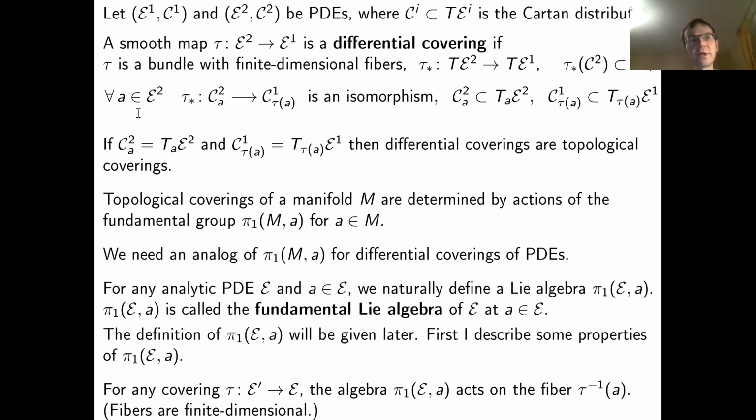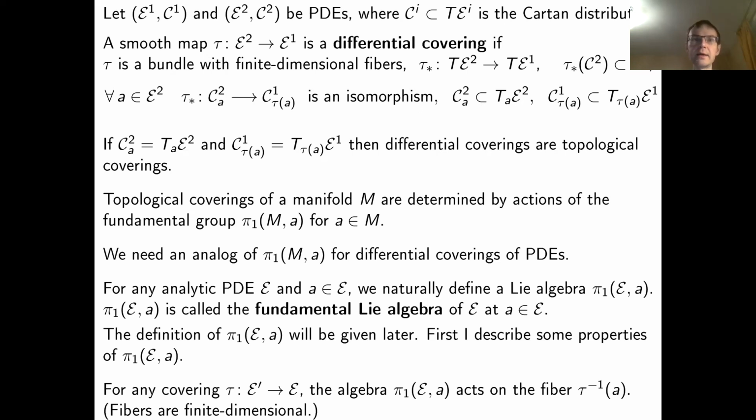And moreover, for each point A of E2, if we restrict tau star to the corresponding subspace belonging to the Cartan distribution, we get a linear map from this space to this space, and it must be an isomorphism. So if tau satisfies these properties, then it is called a differential covering.